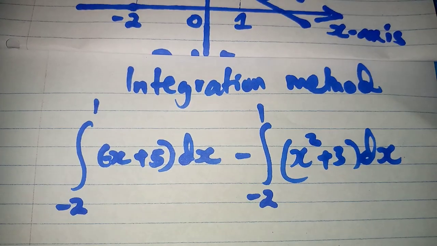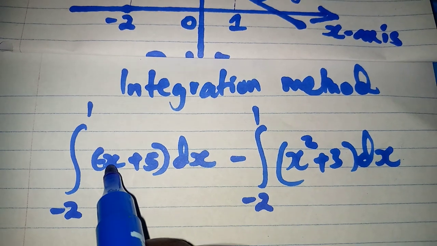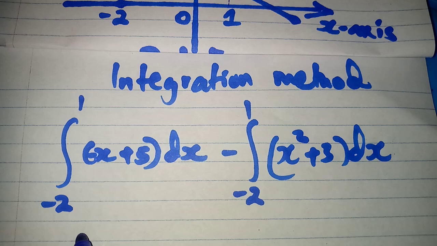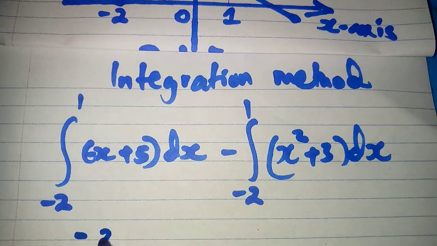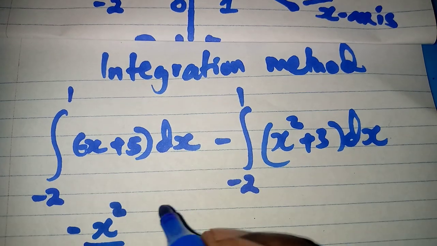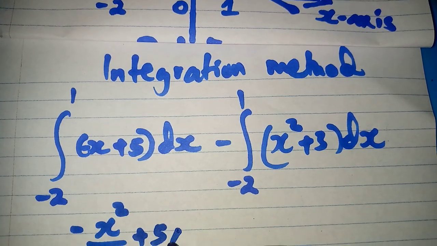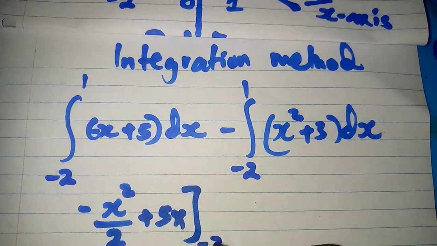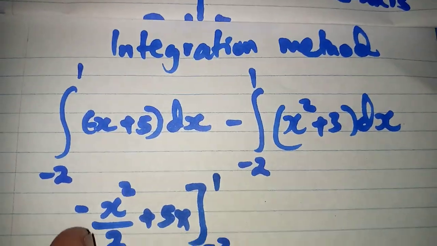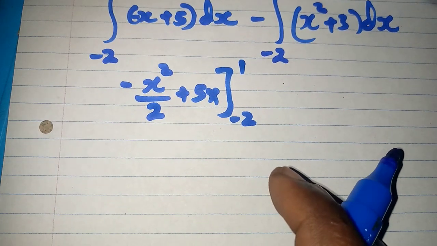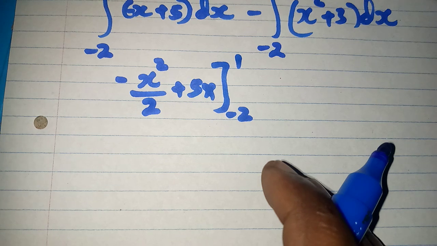So let's get on. If I integrate negative x, I get negative x squared over 2 plus 5x, and the bounded region is from negative 2 to 1. I'll start by substituting.